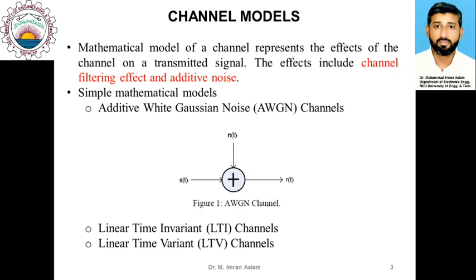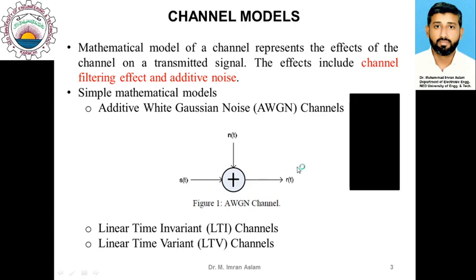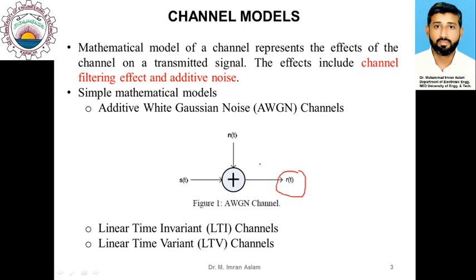In order to mathematically represent the channel, we use different models. First of all was the additive white Gaussian noise channel, or AWGN channel. This AWGN channel is actually the simplest form of the channel, where the received signal is represented as the sum of the transmitted signal and the noise signal.